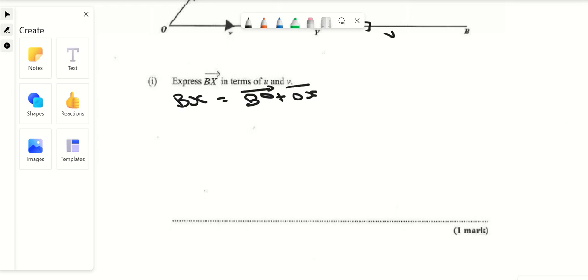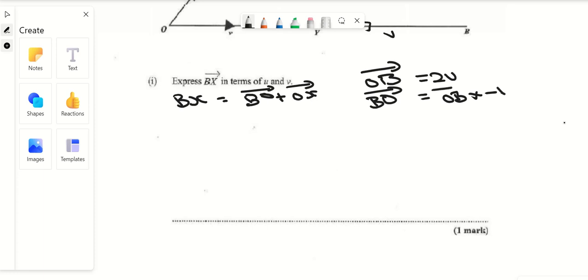Alright? Now we know OB, because it's going in this direction, is equals to 2V, but we want it in the opposite direction, which is BO. If BO is going in the opposite direction, or in the inverse of it, it will be 2V, which is OB, multiplied by -1. So BO would be OB multiplied by -1, right?